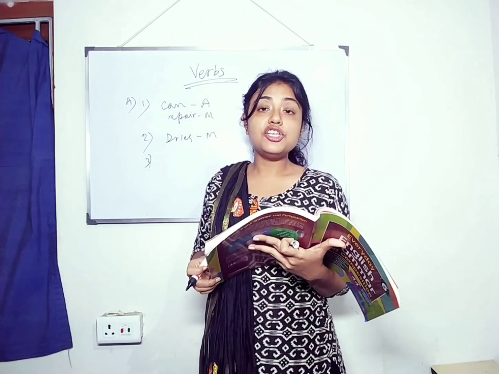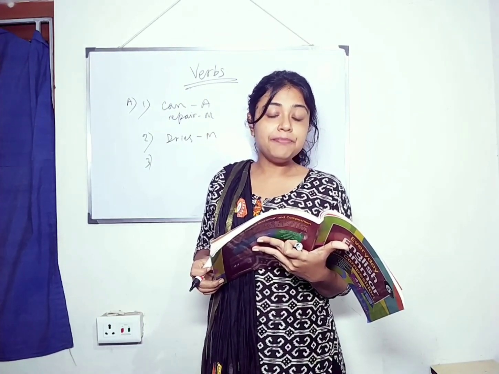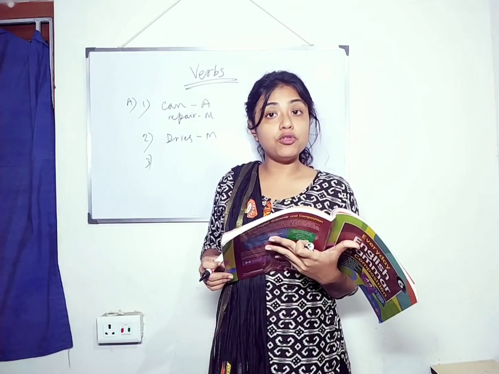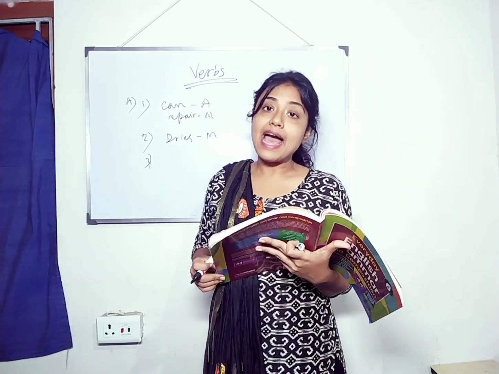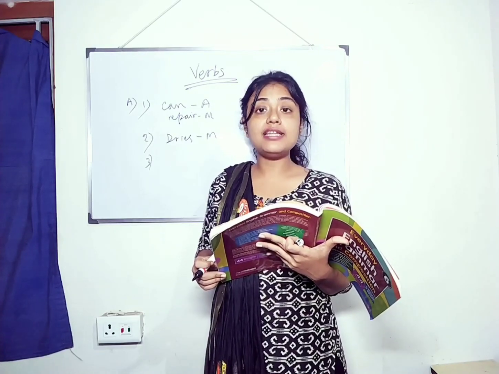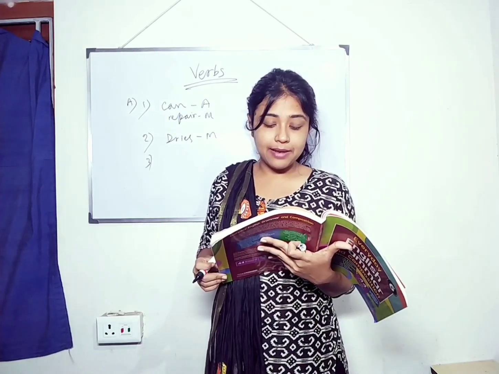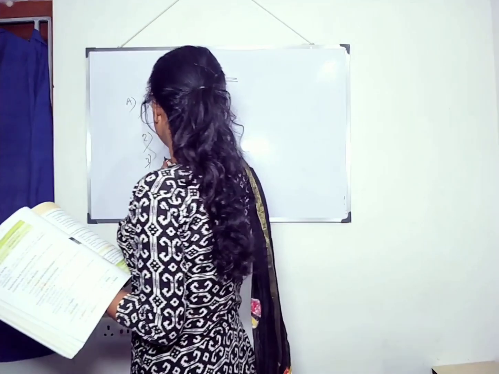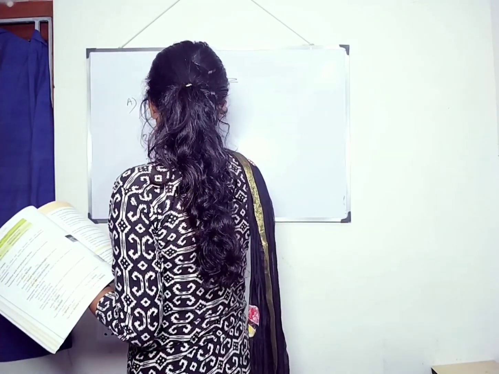Mohandas was a shy child. Now see, was. As we know, be verbs can be used in both the ways. We can use it as main verb and we can use it as auxiliary verb as well. So here, was is used as main verb. So was is what? Main verb.